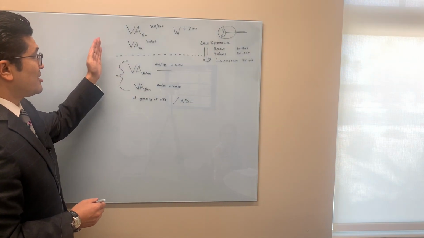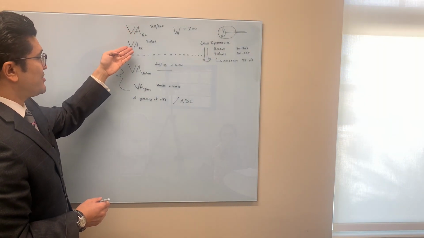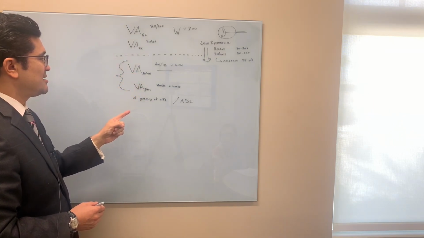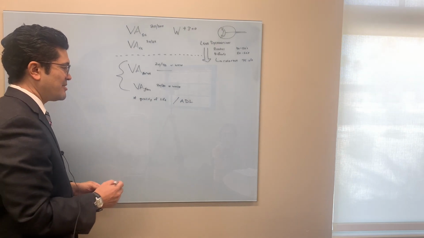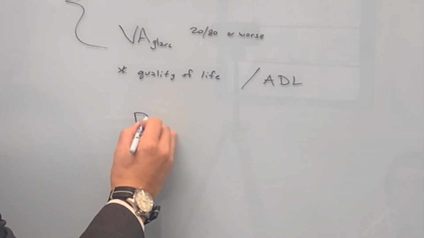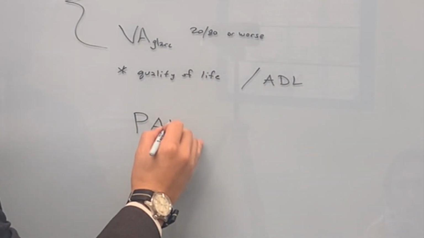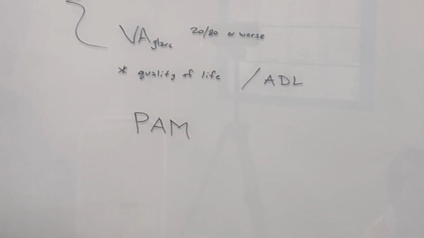That's why in our cataract workup we want the uncorrected, we want the corrected, we want the best corrected, we want the glare, and one more thing that at least we do in our practice, we want the potential acuity measurement, PAM. Why is that important? Well, let's say we have a patient who didn't realize it, but their whole life they may have had underlying amblyopia.